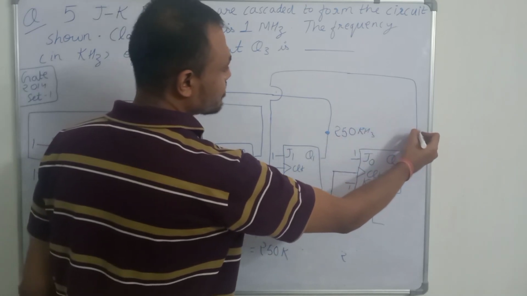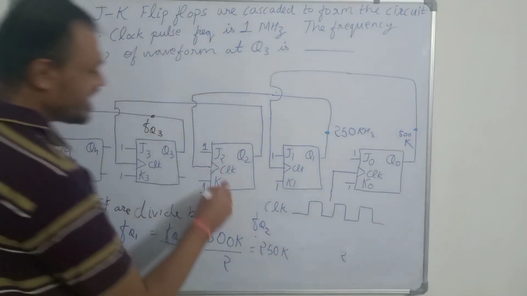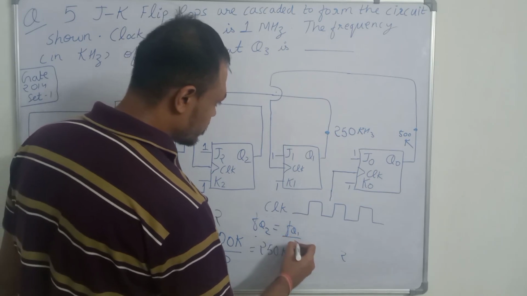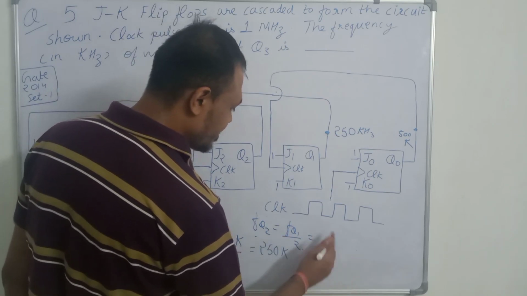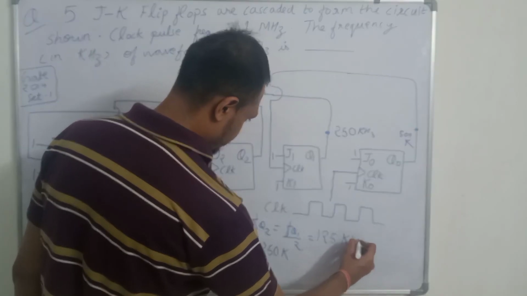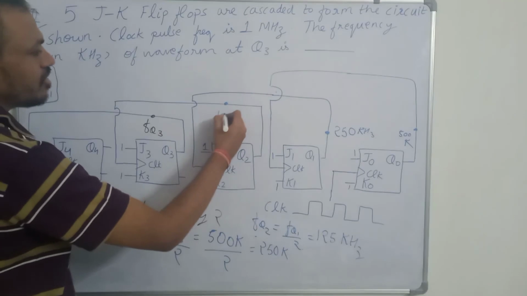So f of Q2 will be equal to f of Q1 upon 2, which will be equal to 125 kilohertz.